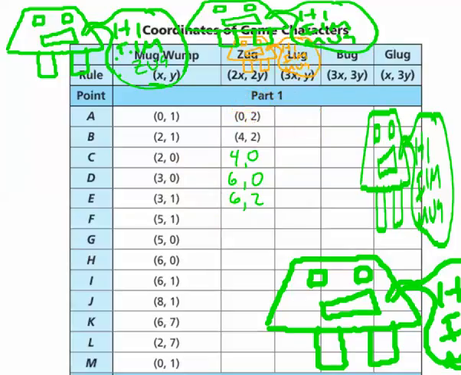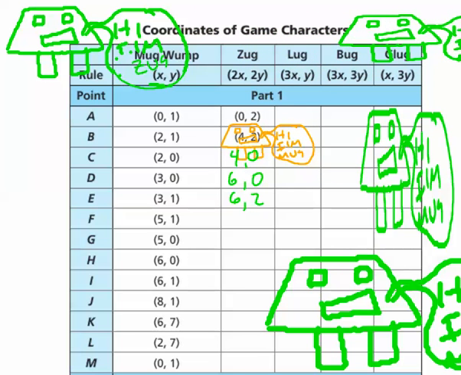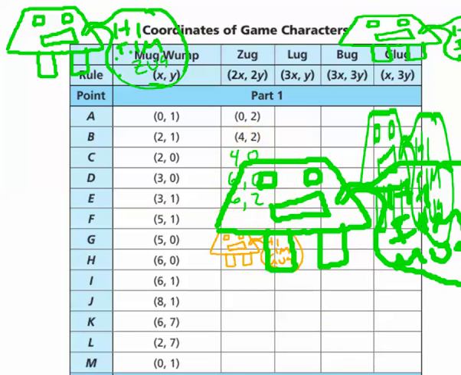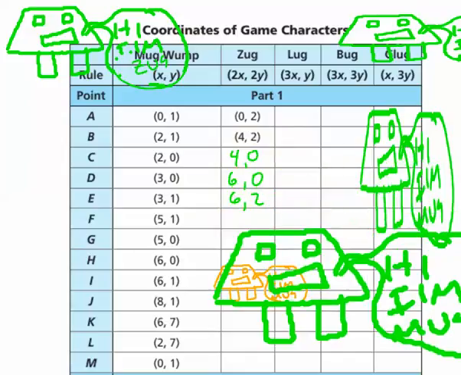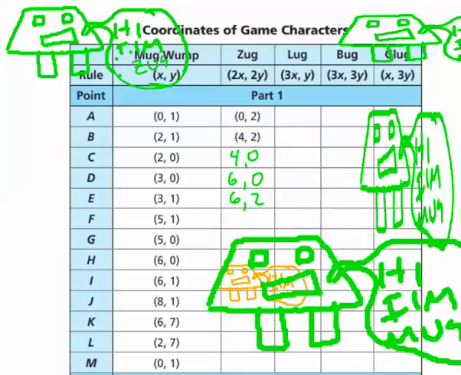So let's take a look at Lug. So I match it up here, and oh my goodness, wouldn't you believe, the angles are different. Therefore, Mug and Lug, not so similar. I know, so I'm going to put him over there. Then let's take Mug and Bug.